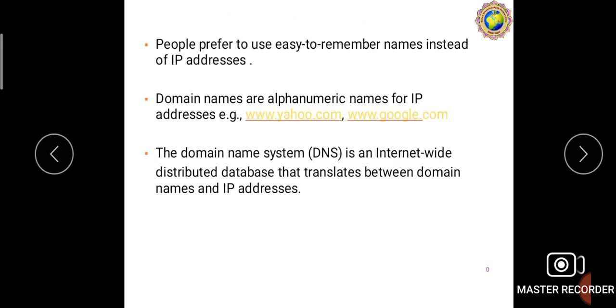DNS means understanding the concept of domain namespace. People prefer to use easy-to-remember names instead of IP addresses. This is known as a domain namespace. For example, an IP address is defined in numerical digits.